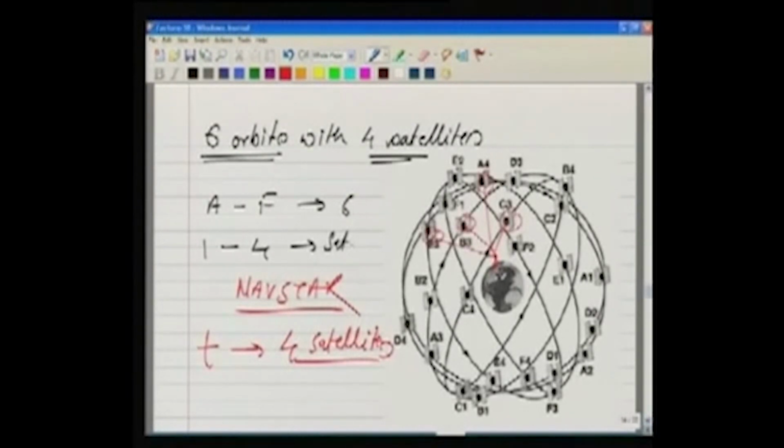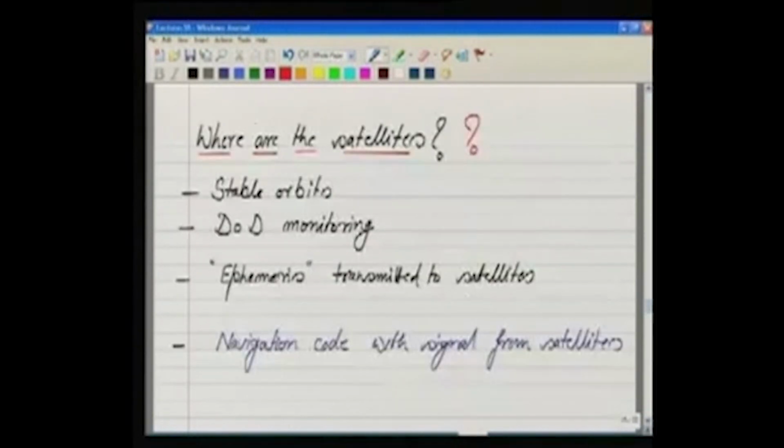Because if I know their coordinates, then only can I compute the coordinate of the point here at the receiver. Now, how do we know these coordinates? So that's the question: where are the satellites at any point in time t?